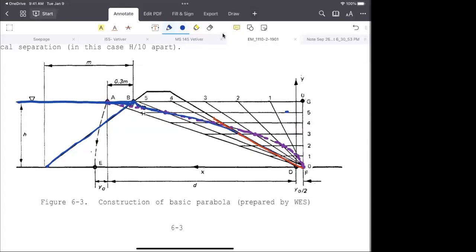Sorry, this is not an equipotential line, this is a flow line. Our flow line is ending here. So the flow line should be smoothly adjusted with the outer line. So what happens here is it just starts here and then we adjust it and end it right here.